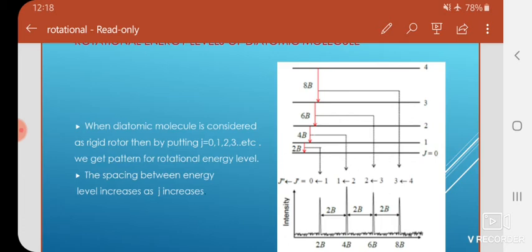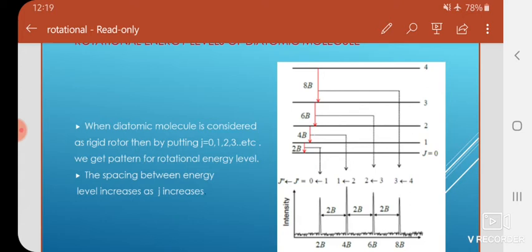In that case, if we find the rotational energy levels by using the above formula, E_J is equal to B into J into J plus 1. If J is equal to 0, then E0 is equal to B into 0 into 0 plus 1, that is 0.